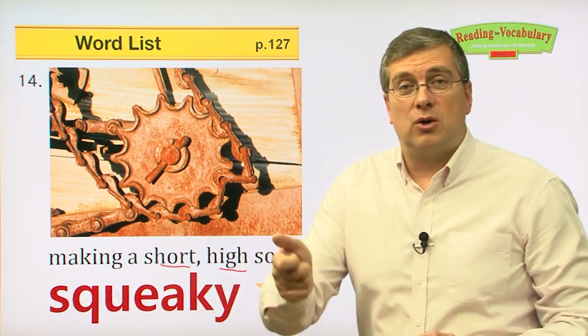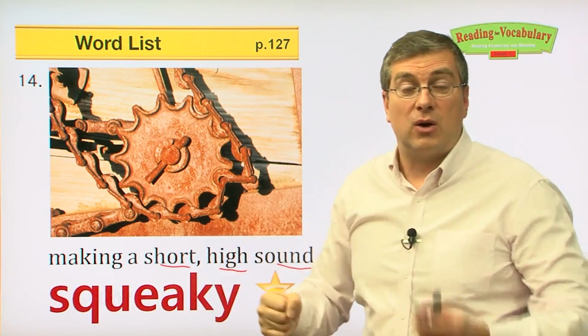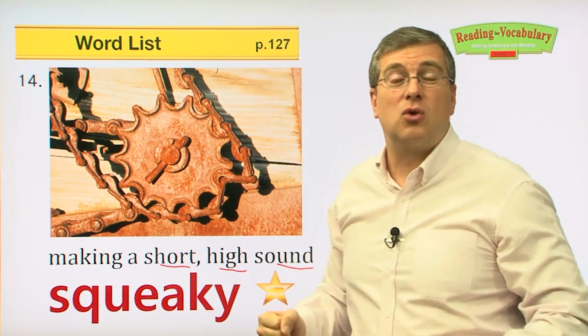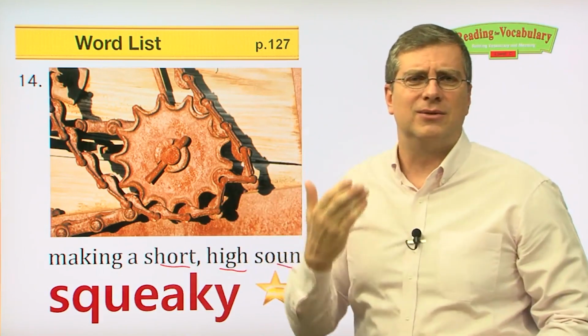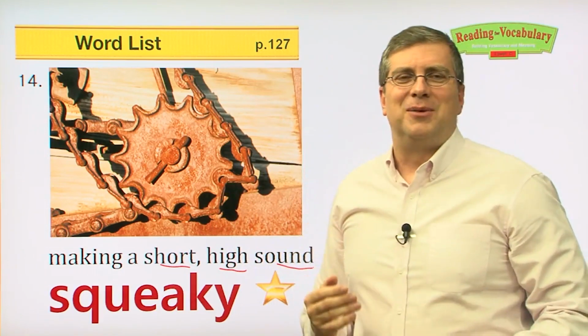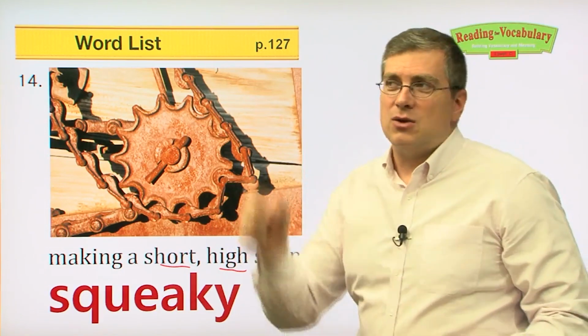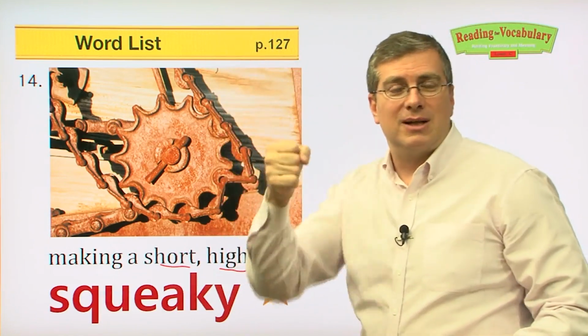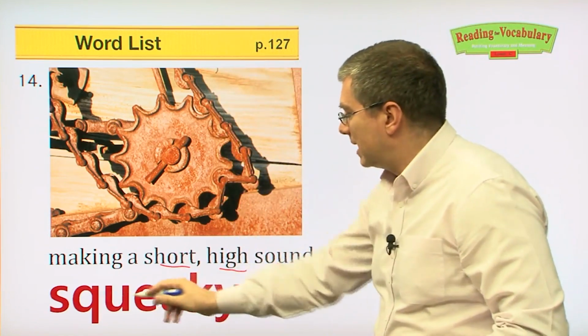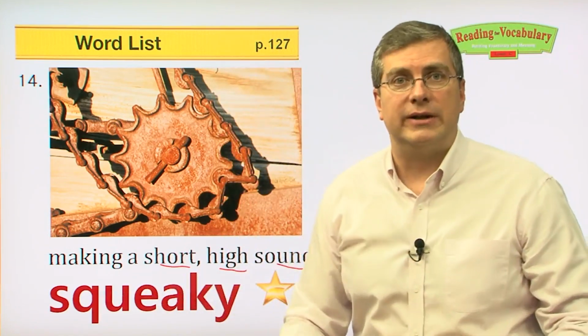Try the door on your room. Open the door and close it, or the front door of your house. Does it make an ee, ee sound? I can't do it very well with my voice, but you can hear that. You need to put some oil on the metal so it doesn't squeak. We say the door is squeaky.